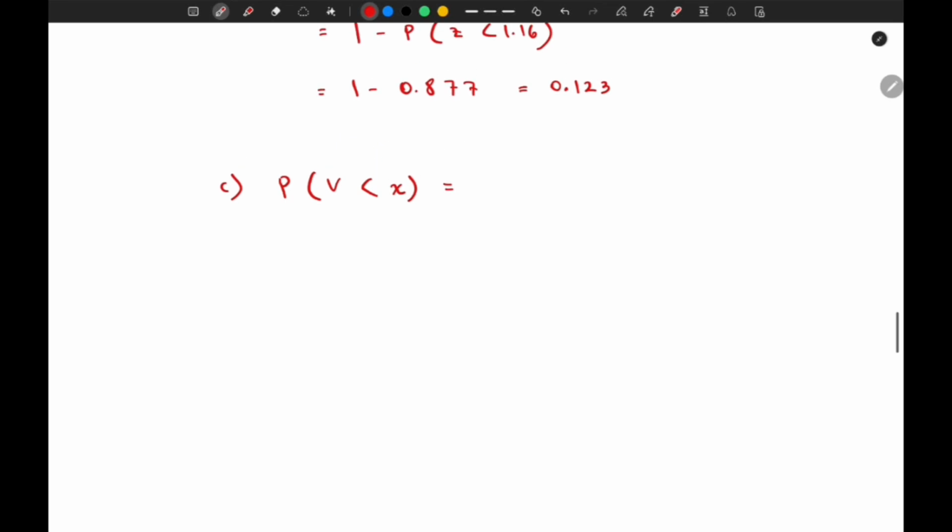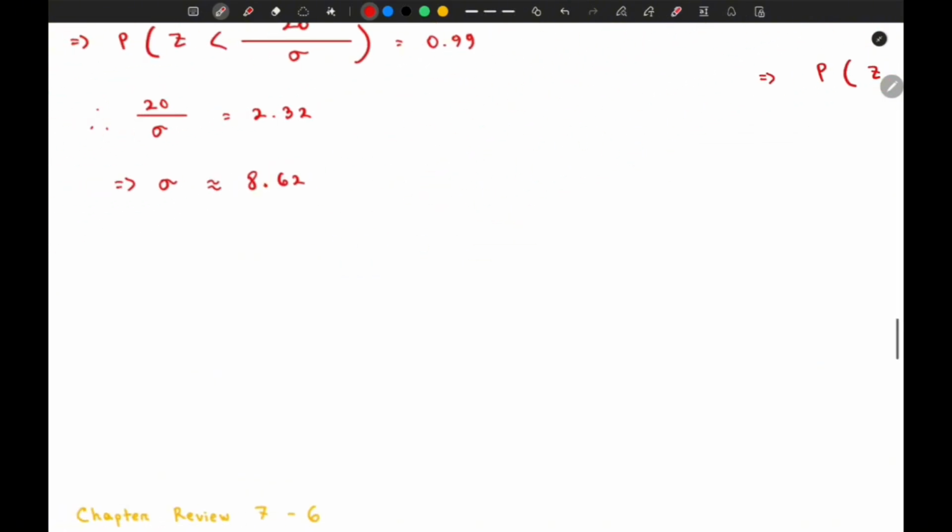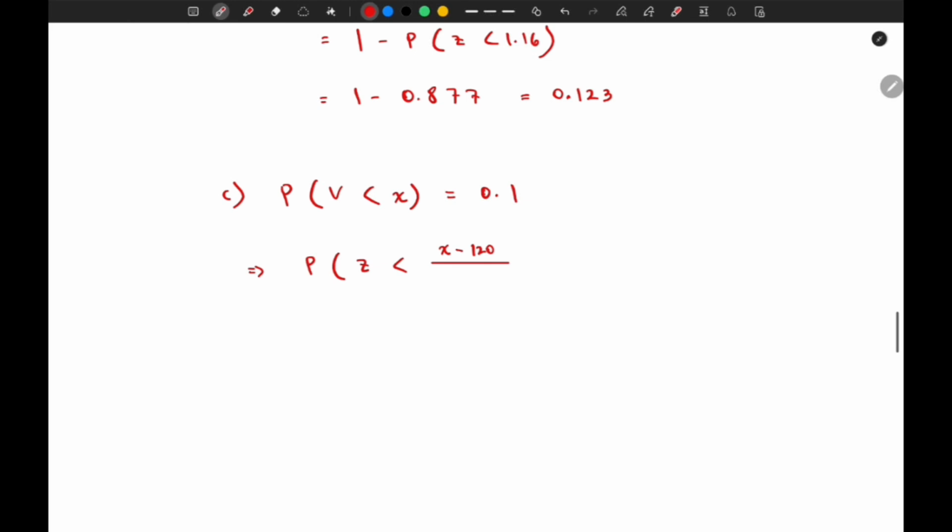So your percentage is your probability. So it's 0.1. Now we need to convert this value of V into Z. So we can write this as the probability of Z is less than X minus the mean value, which is 120, divided by the standard deviation, which is 8.62.